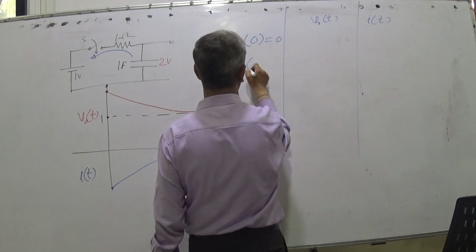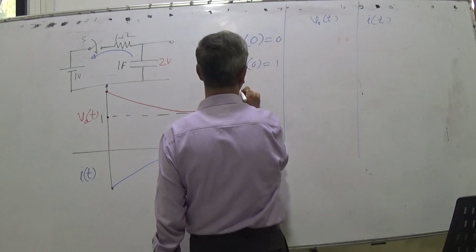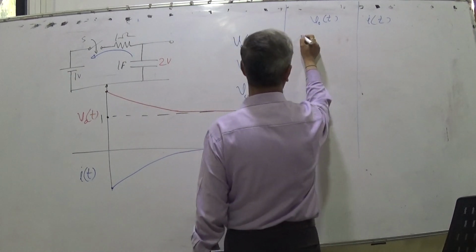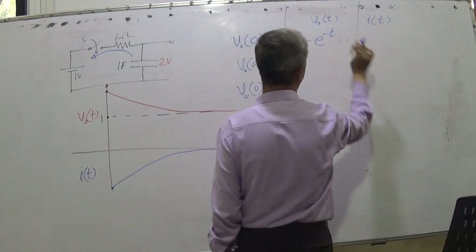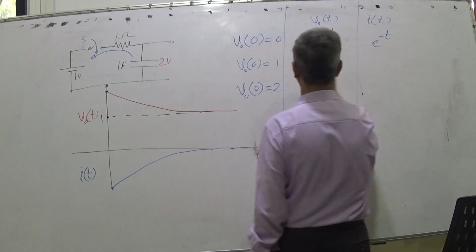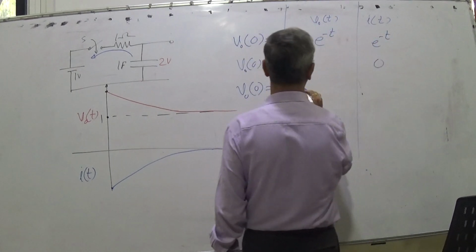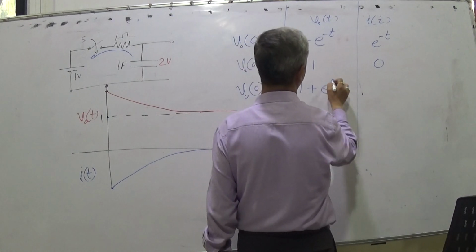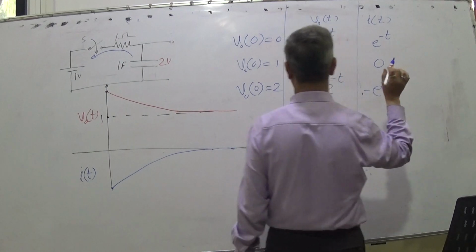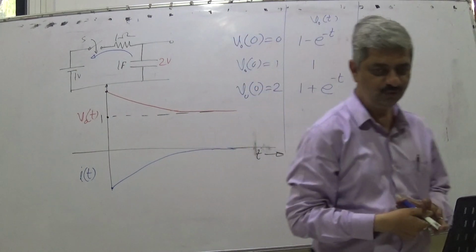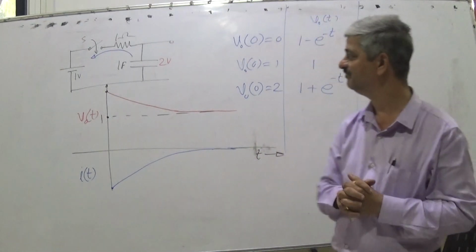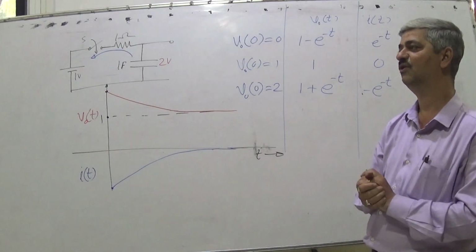Initial case VO0 is 1 and initial case VO0 is 2. So it is 1 minus e raised to minus t, 1 minus e raised to minus t, it is e raised to minus t. It is 1, it is 0. It is 1 plus e raised to minus t and it is minus e raised to minus t. You can plot all these 3 graphs and try to visualize how the circuit works. Right? So this is quite an interesting thing.